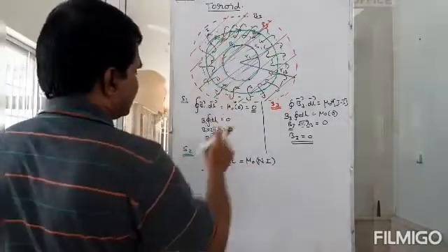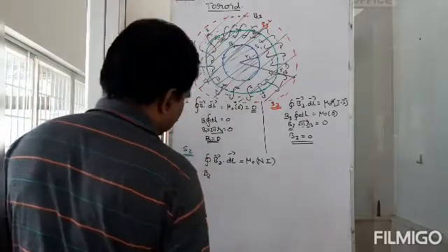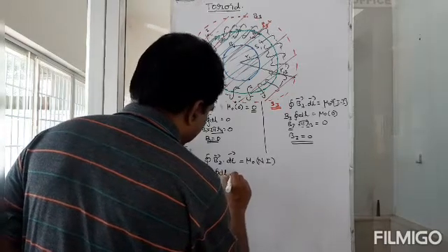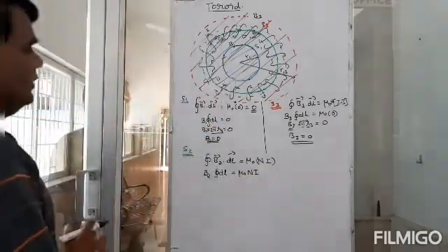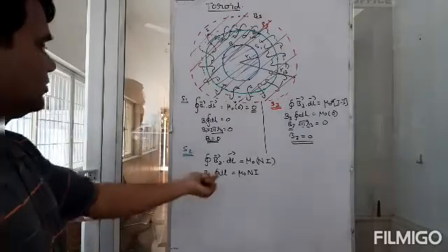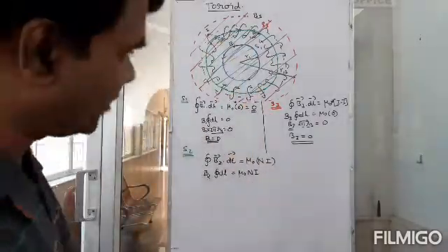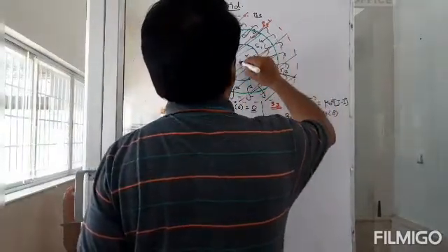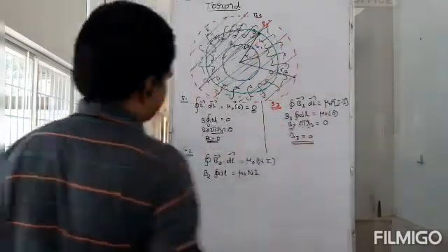Again, by symmetry, B2 can be taken out, and that is going to be equal to the closed integral of dl, mu naught N into I. So that dl would give you, let's say this is R2.